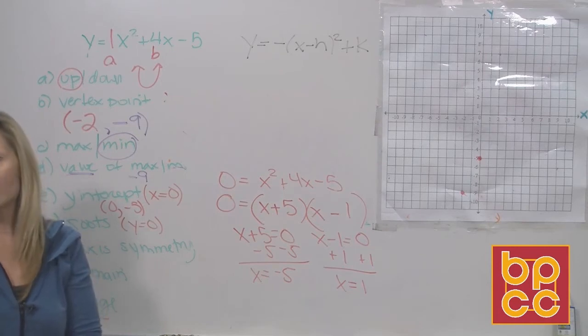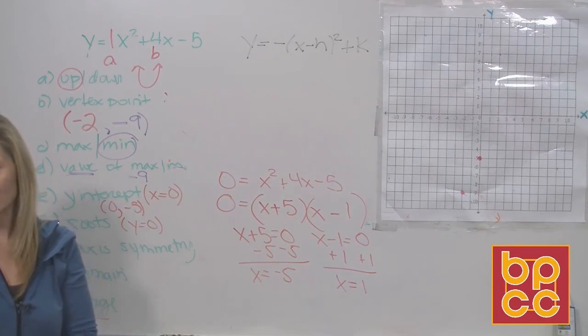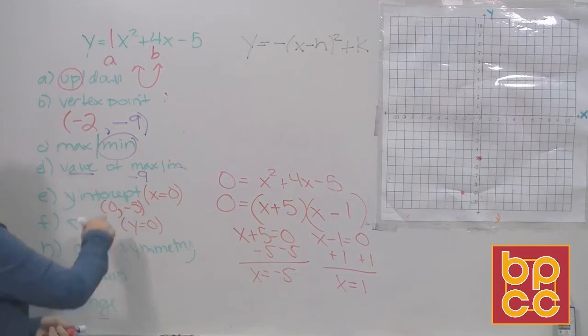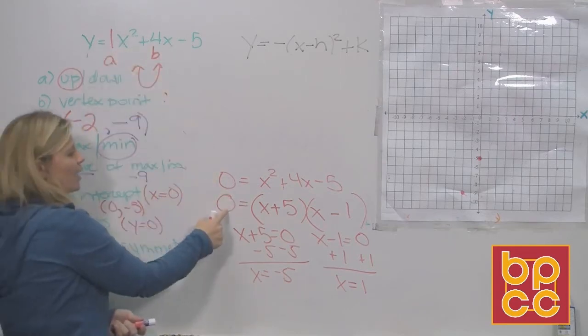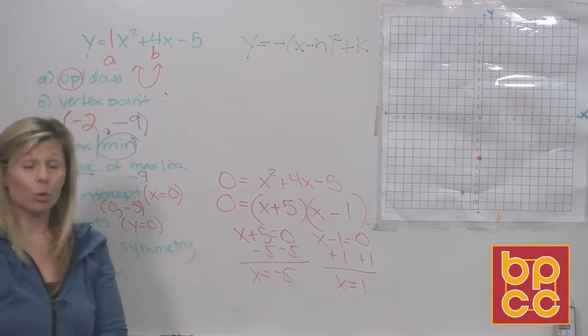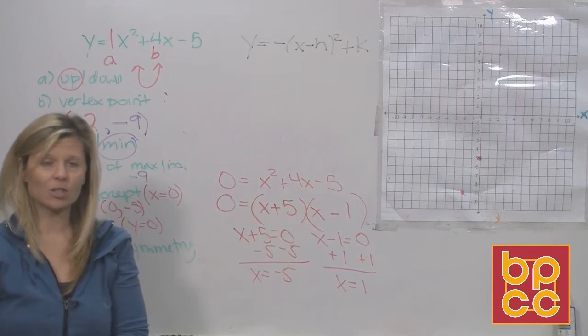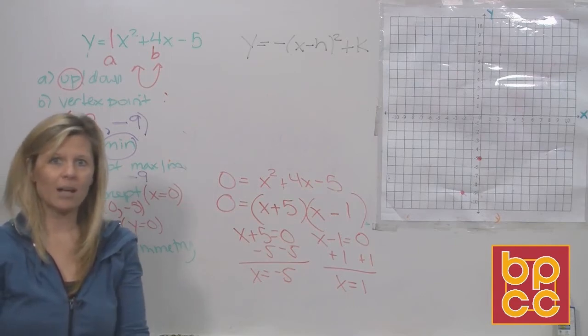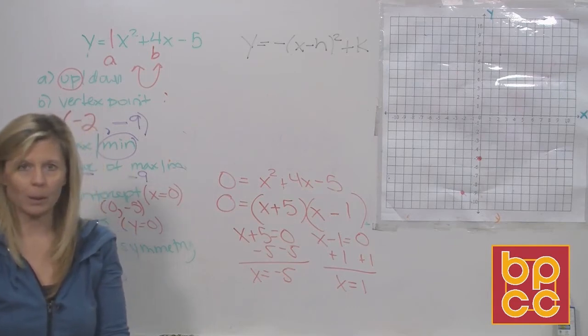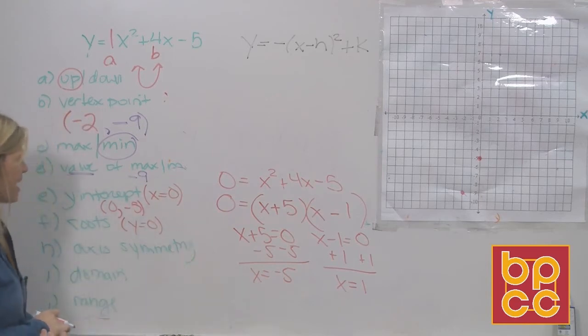The only way to find the roots, the x-intercepts, is to replace y with 0. When you take a quadratic equation and replace y with 0, you are solving it, which means you have to use either factoring, the square root method, or the quadratic formula. This was easier done by factoring.